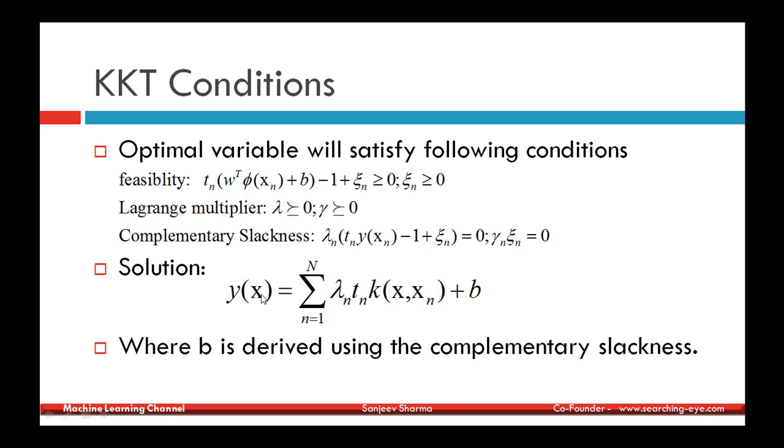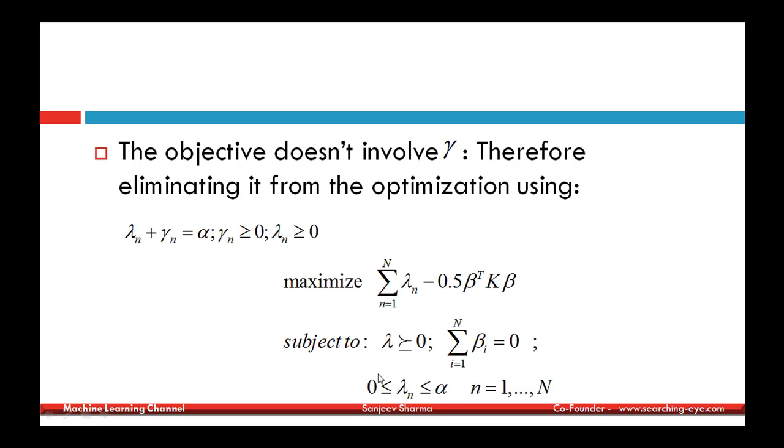Here we can also see that gamma n doesn't play any role in the decision making, and therefore replacing this constraint with lambda ranging from 0 to alpha is quite useful. So this is the dual formulation for the soft margin support vector machine.